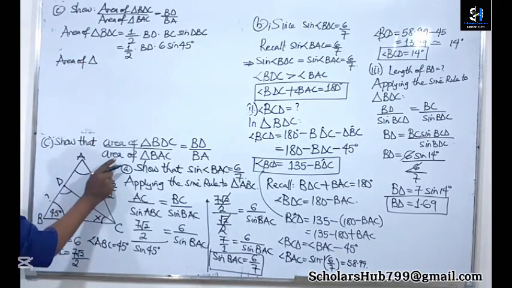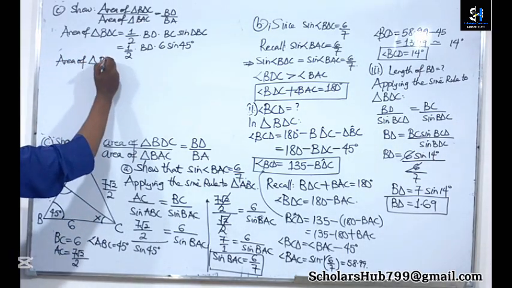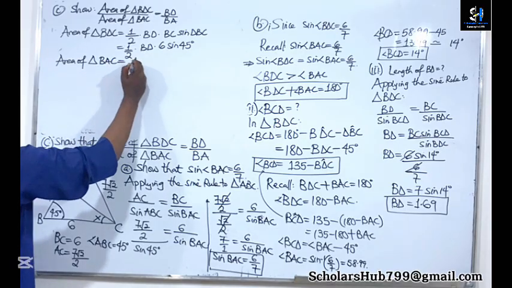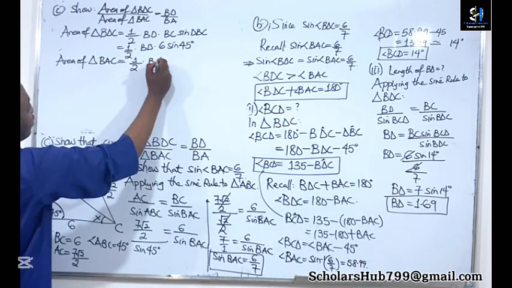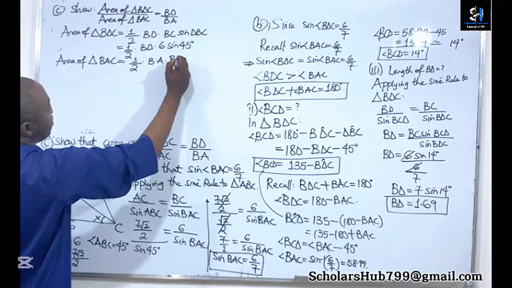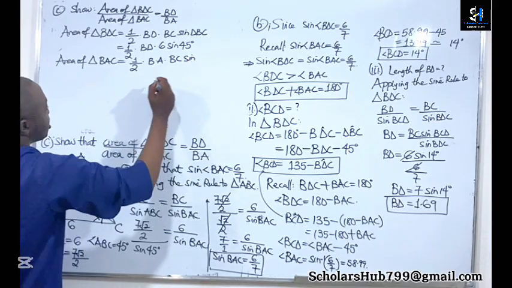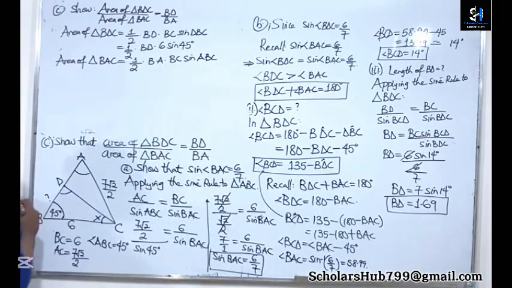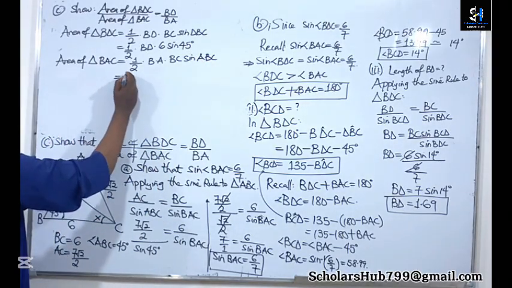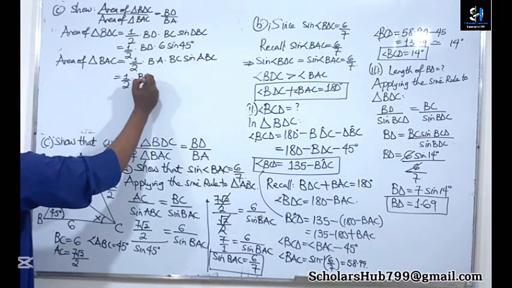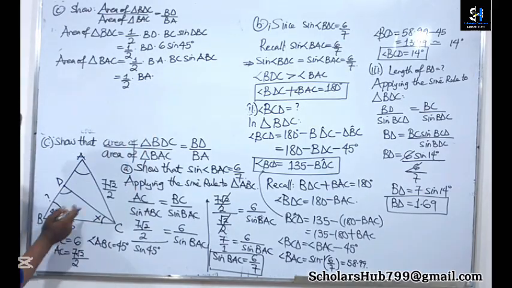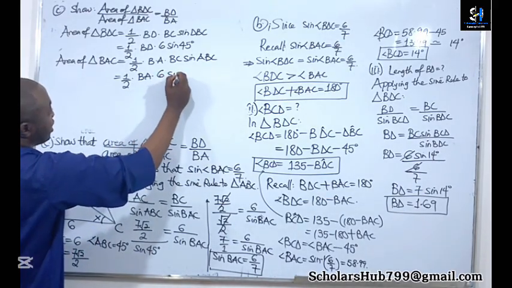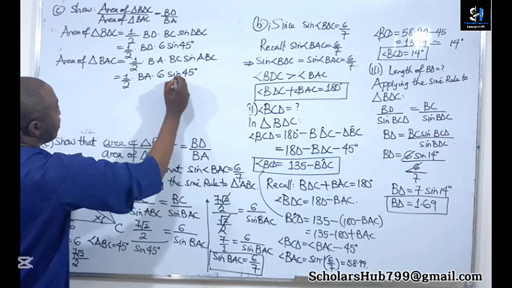Now let's look at that of BAC. The area of triangle BAC will be 1/2 of BA multiplied by BC, then sine ABC. So this will be 1/2 of BA multiplied by BC, which is 6, then sine 45 degrees.